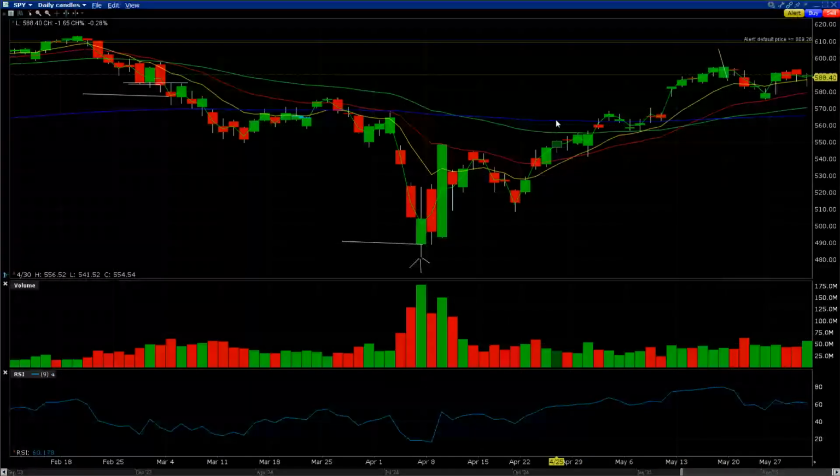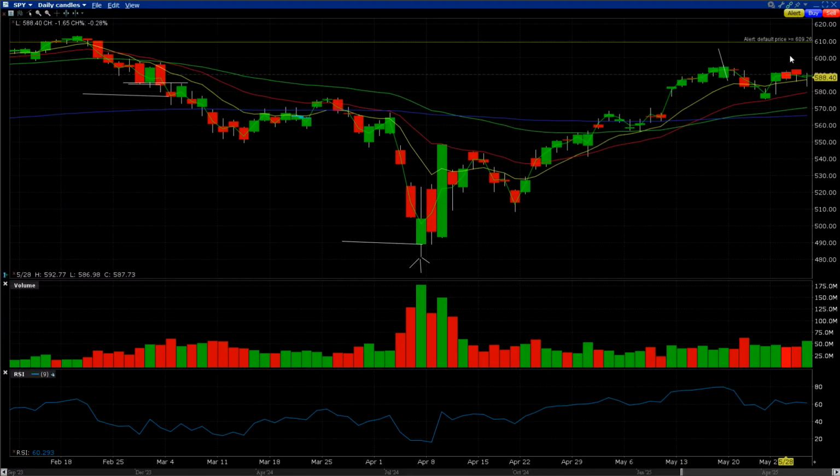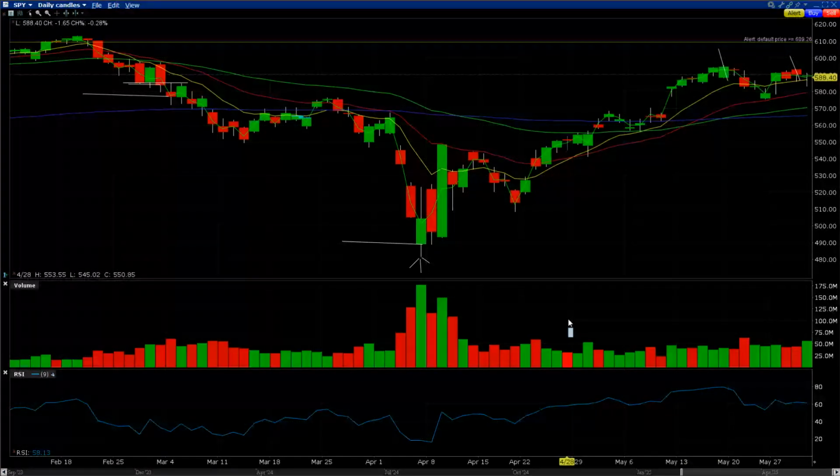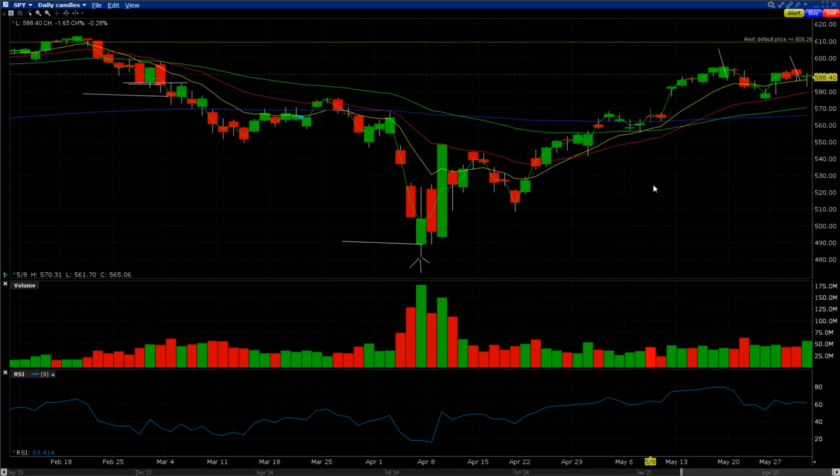We then had a second outside bar right here. So we've had two outside bars now. Again, Friday, what happened Friday? We have an outside bar. It was set with an open right up here.